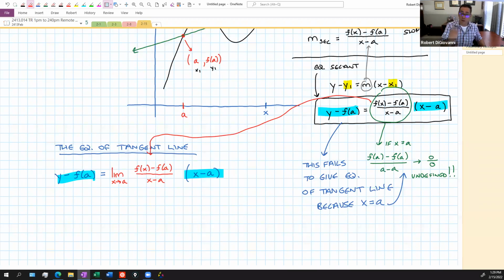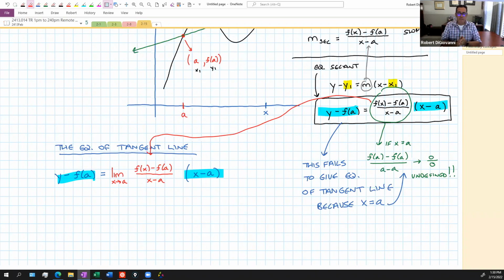How close? Remember we had this conversation. Are we close? We're real close compared to the sun, right? So we're going to see what happens when x gets arbitrarily close to a, and we should get in that limit some numerical answer. And that's it. That is the equation of the tangent line.